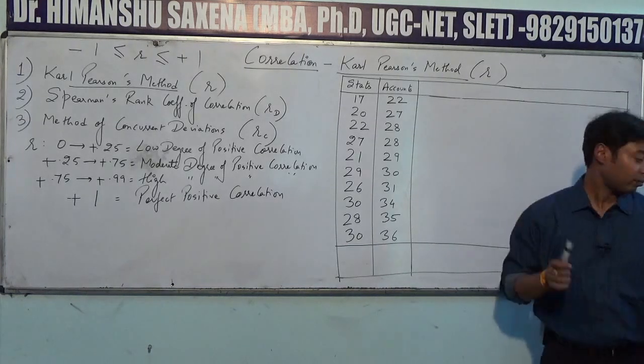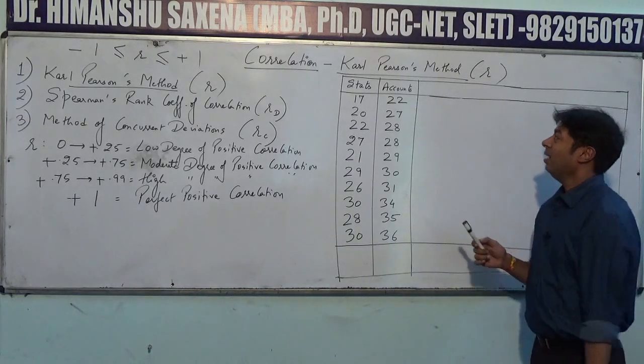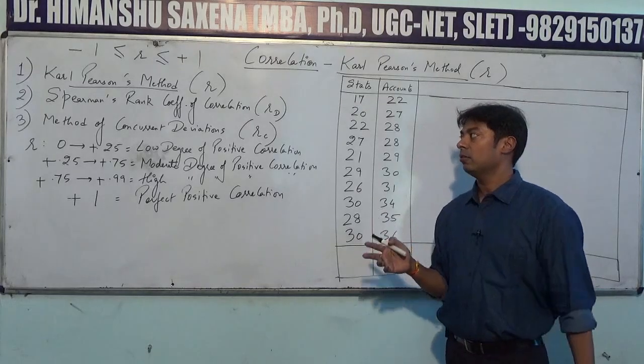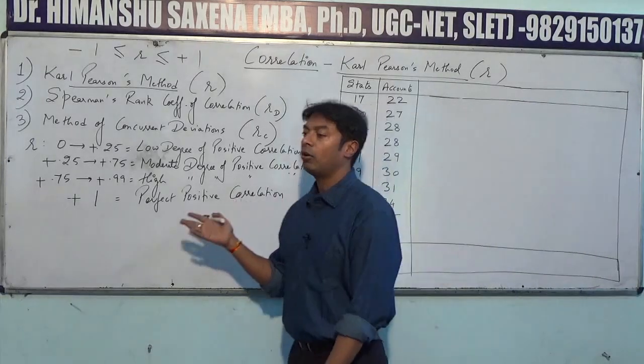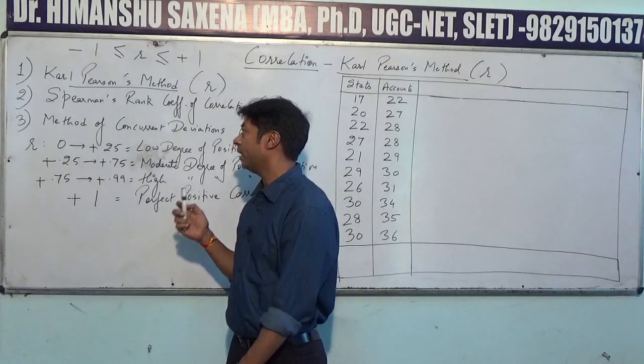Now we start with the first method, Karl Pearson's method. The value of R can also be calculated by using various models.